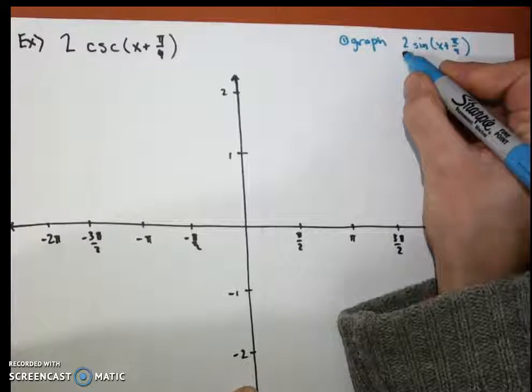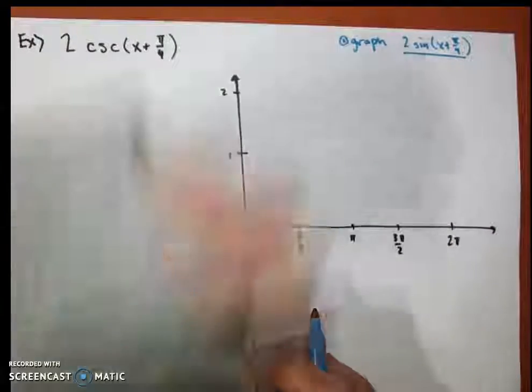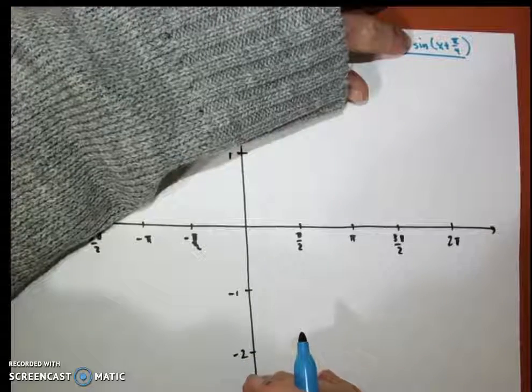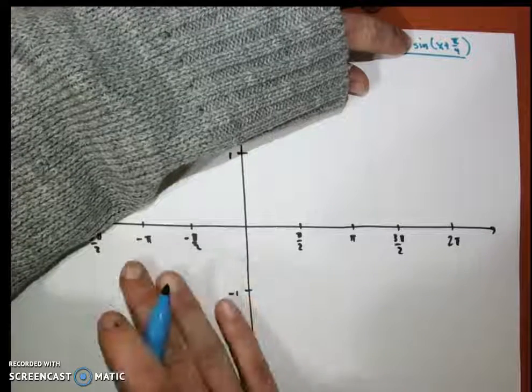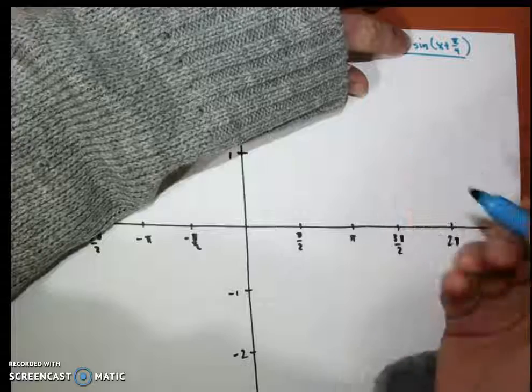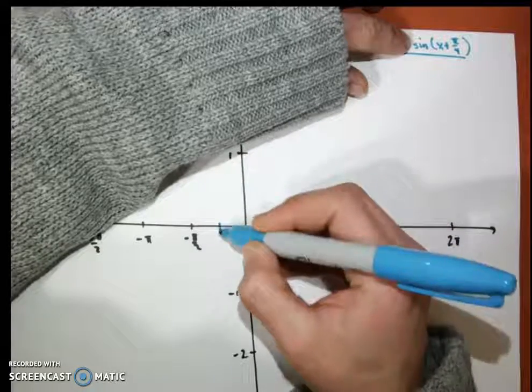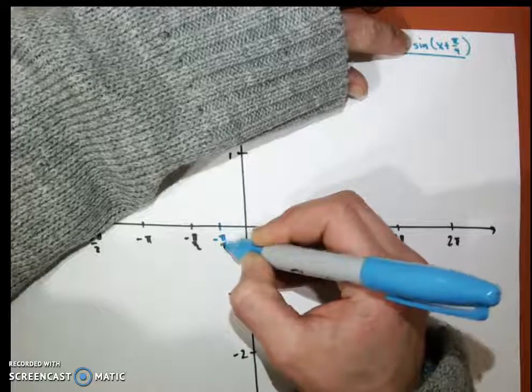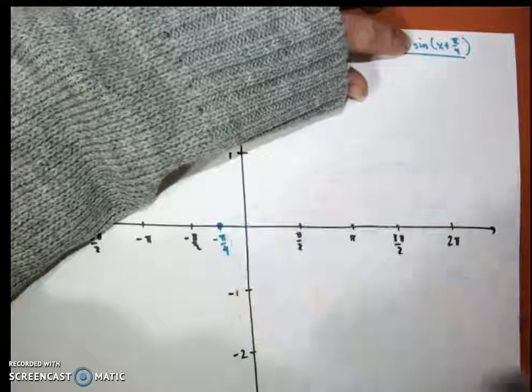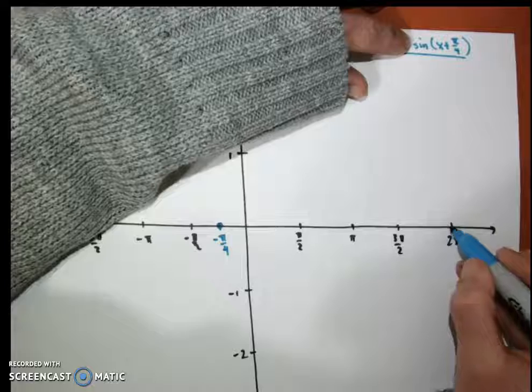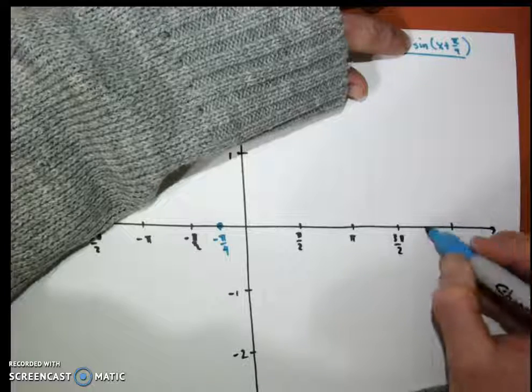So let's work on this. Sine of x plus pi over 4 is a shift to the left by pi over 4, which means my cycle is going to start at negative pi over 4, and it's going to end pi over 4 away from 2 pi.